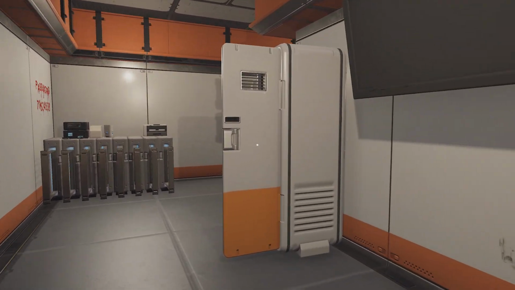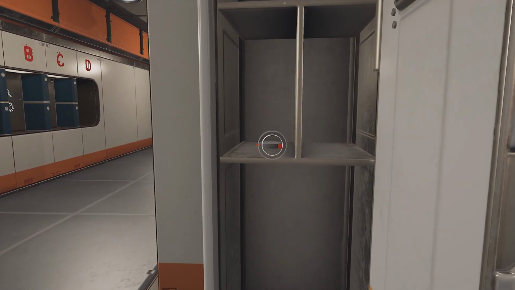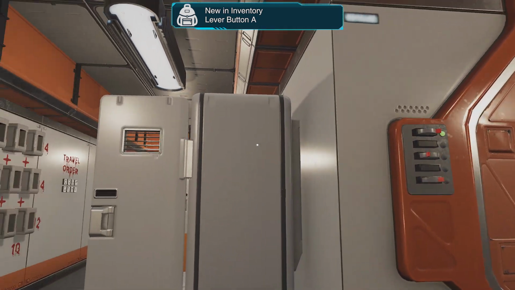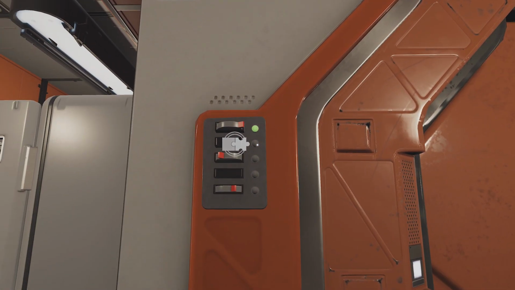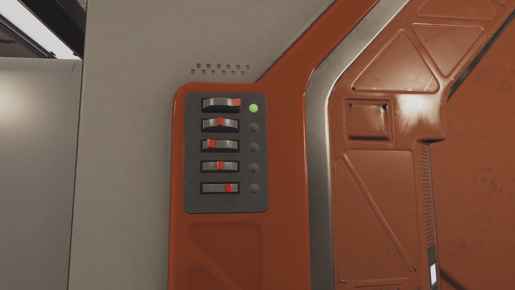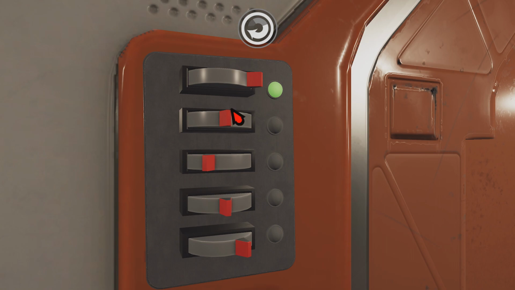Just one of those have to realize what it is you're doing type things. Lever button A, which leads me to believe I should have probably got that one first, but whatever. All right. Well, this one's got a green light on it. Now it's one of those, is it?